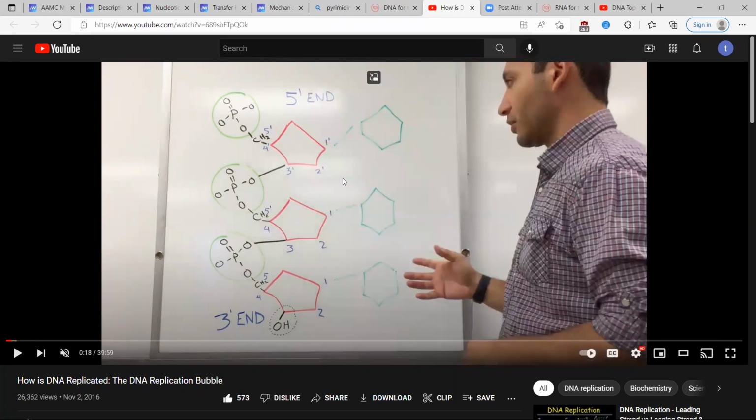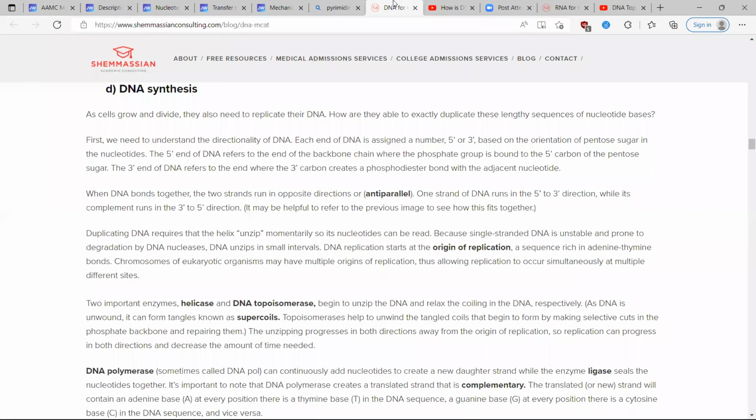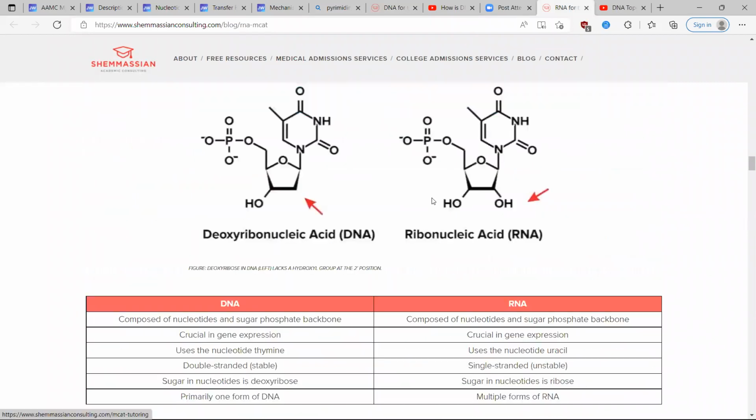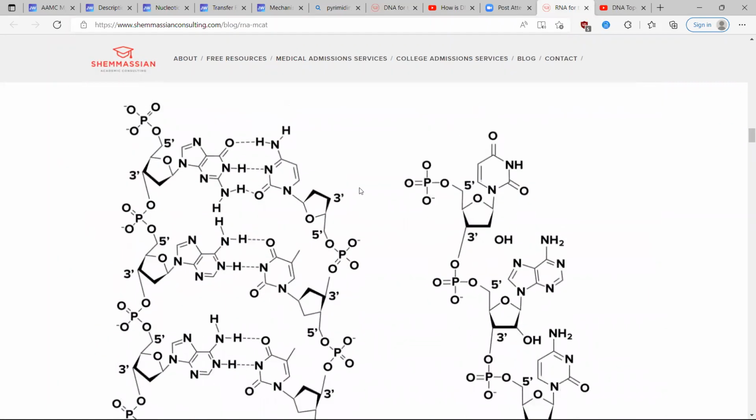So DNA is what we call anti-parallel. What that means is, let's look at this. This is really important. This part over here is what we were just talking about. This is the strand on its own that we were just looking at.